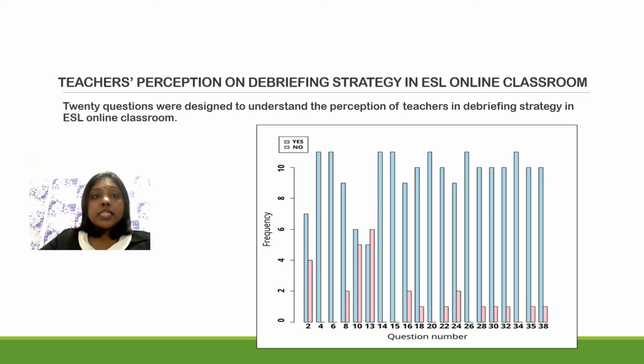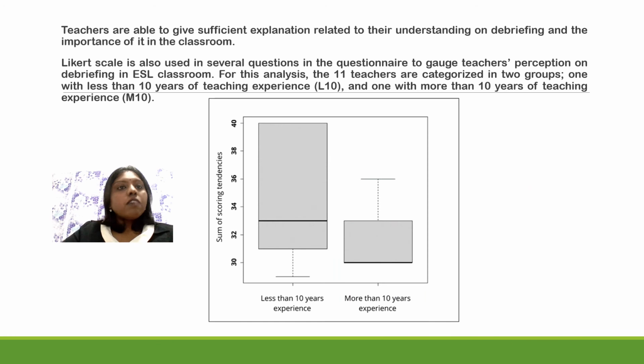For this analysis, the 11 teachers were categorized in two groups, one with less than 10 years of teaching experience labeled as L10 and one with more than 10 years of teaching experience labeled as M10.